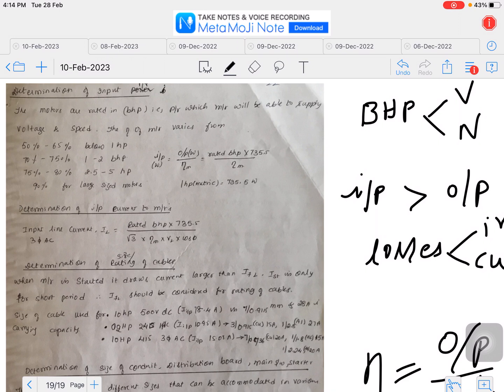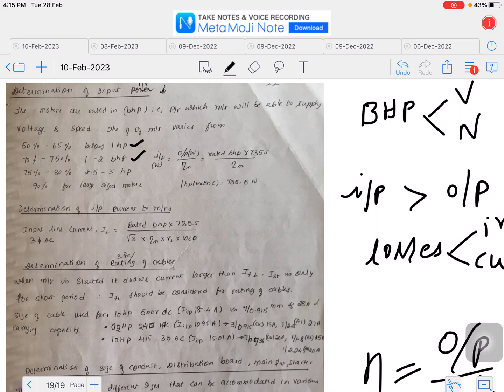If it is below 1 HP, 50 to 65% of the efficiency could be assumed, because it varies. While a motor having 1 to 2 BHP will have a motor efficiency of 70 to 75%.